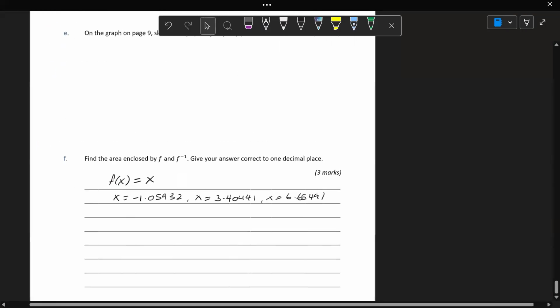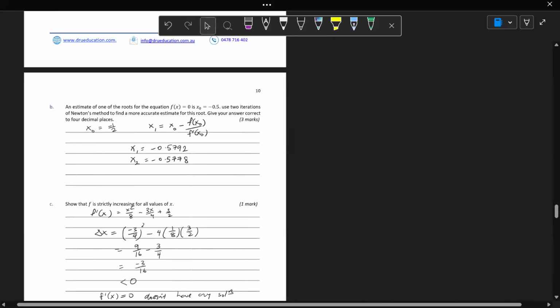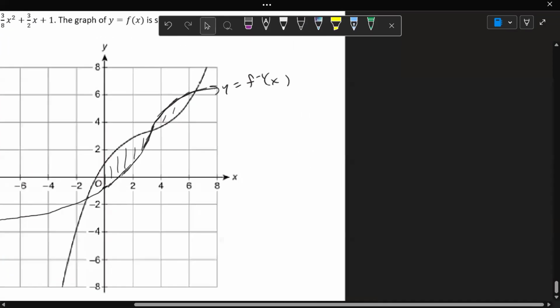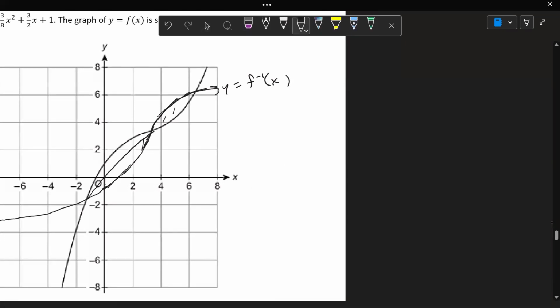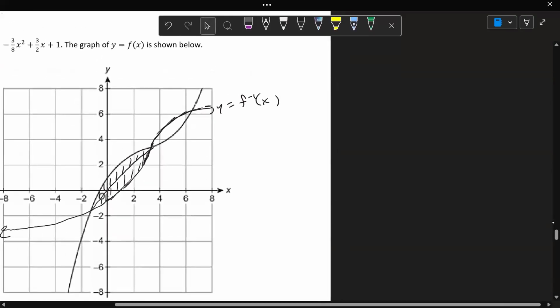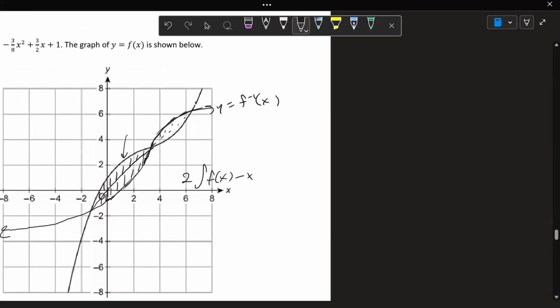And then you can see that this area here is actually a mirror image of this area here. So instead of finding the integral of f of x minus f inverse x, for this part you can do 2 times the integral of f of x minus x.